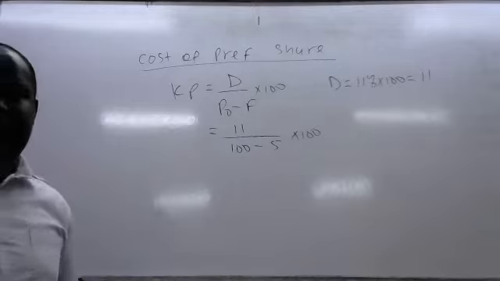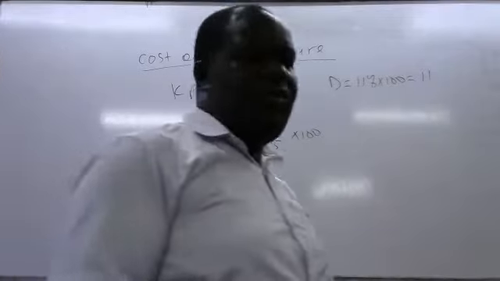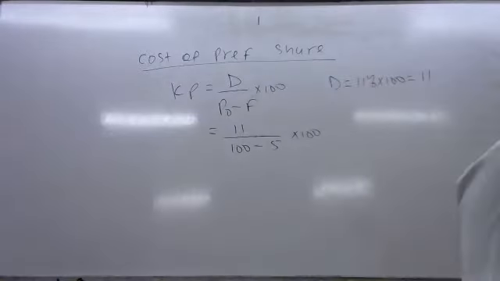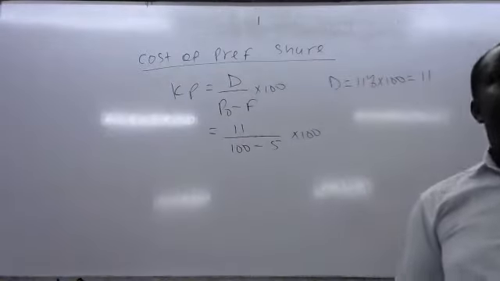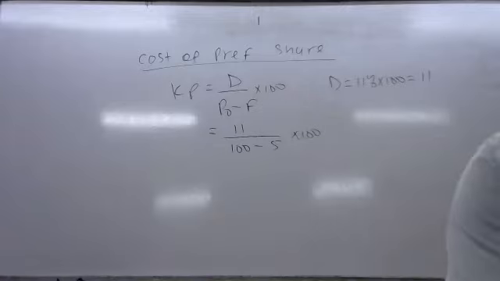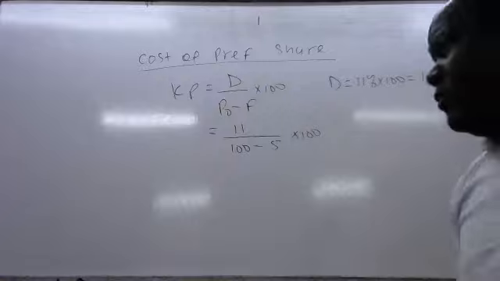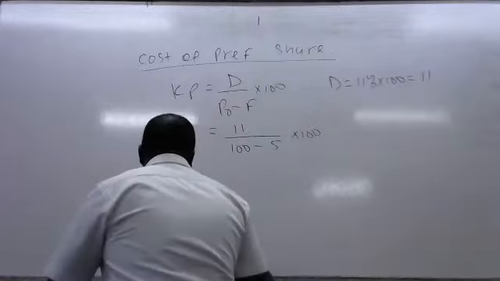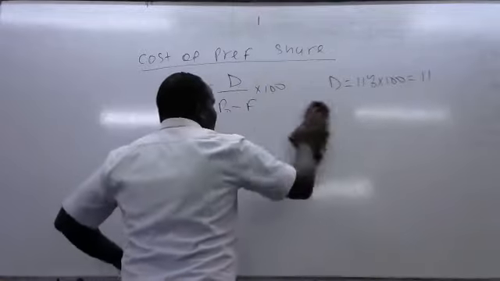So now, after the cost of the preference share, we should also compute the cost of the debenture. The next one will be the cost of the debenture.